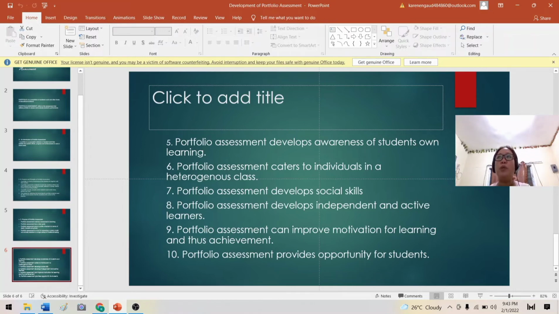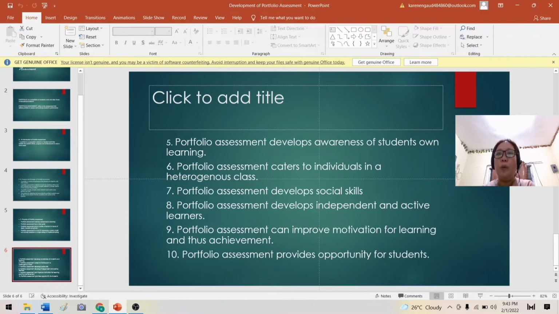Huwag kang pumunta doon sa carbon dioxide. So, parang hindi naman siguro yung tugma. So, ma-realize ng kanyang learners na, ganun pala yun. So, si teacher nagbibigay ng advice, dapat next time, kung ano yung topic, doon lang tayo mag-focus.